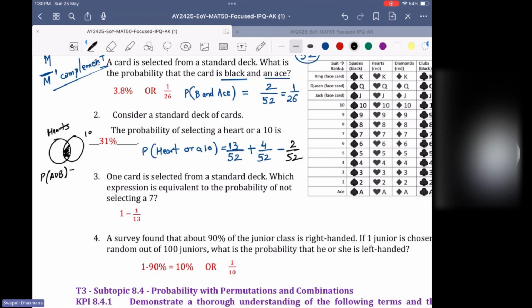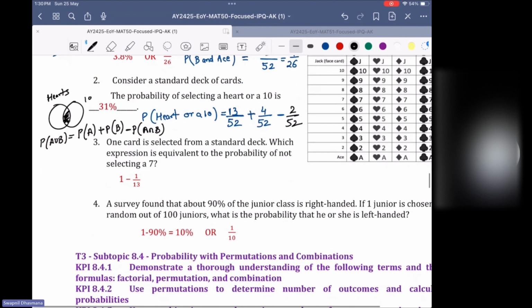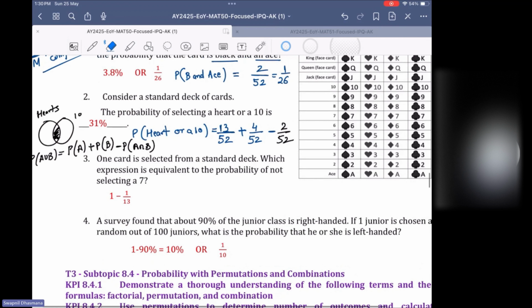So that's the common. How many hearts are there? 13. How many tens are there? 4. And the common is the 10 which is also a heart. There's also a rule for union, which is probability of A plus B minus the intersection.